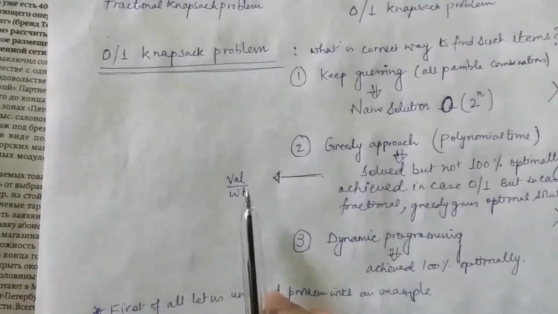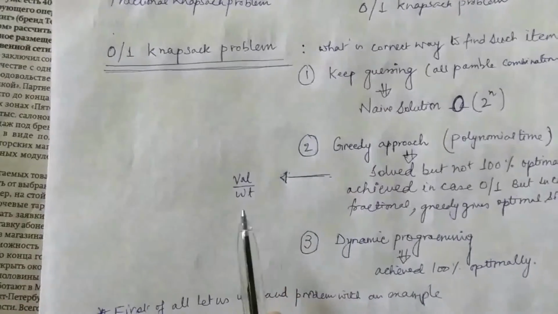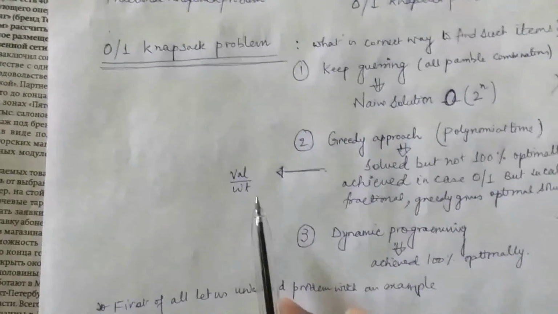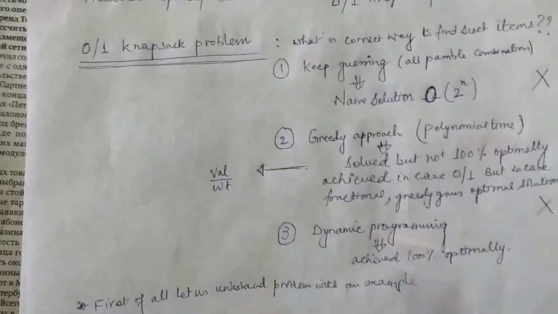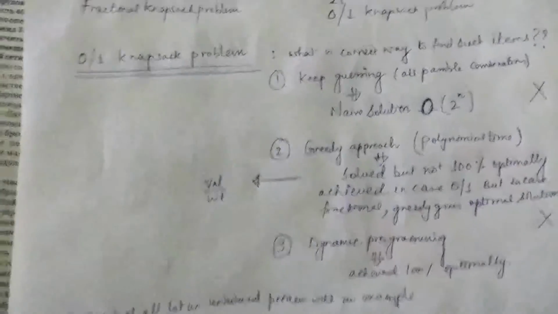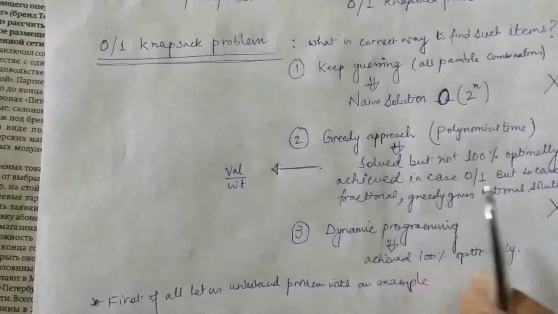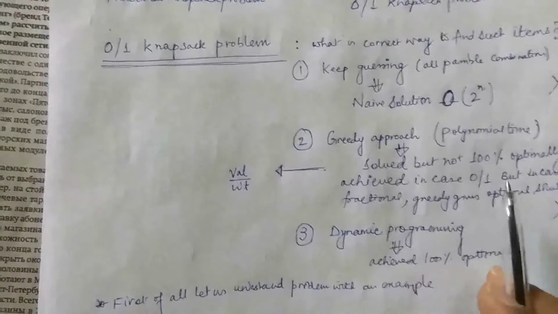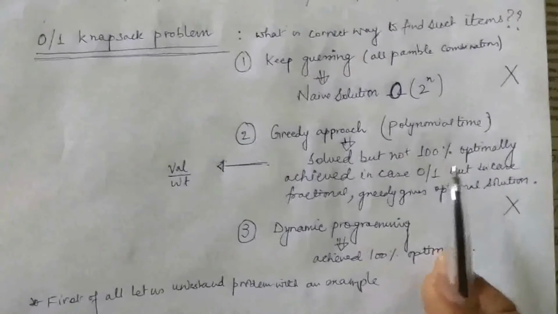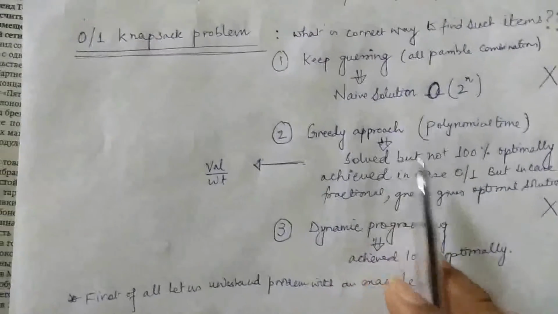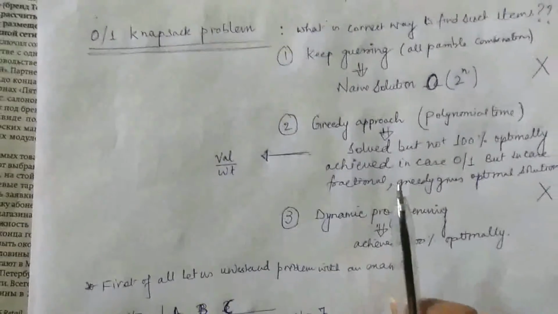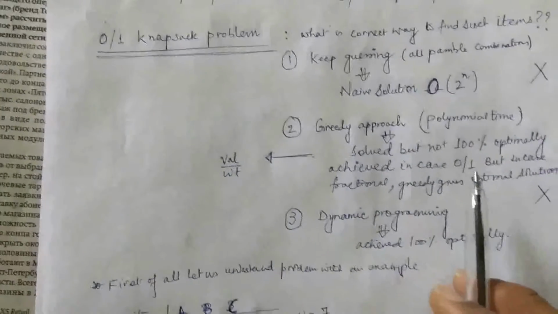The case study can be done with the value to weight ratio in an increasing order. Now, if we use fractional parts, then we can easily achieve the optimum using the greedy approach, but we are not talking about the greedy approach in the case of 0-1 knapsack.